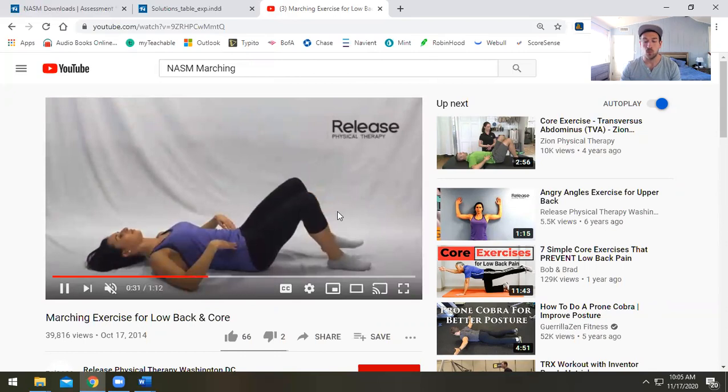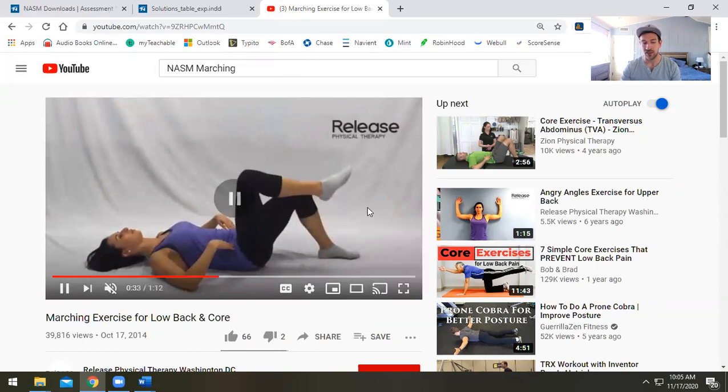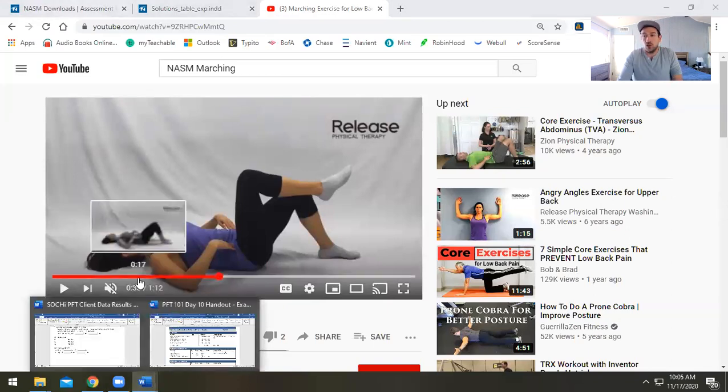Now, why am I choosing this exercise for working on shoulders elevating in a forward head posture? Because her head is going to stay on the floor the entire time. Notice her eye line, by the way. It's not too bad, but do you guys see how she's slightly looking just a little bit behind her? That's a sign of a forward head posture.